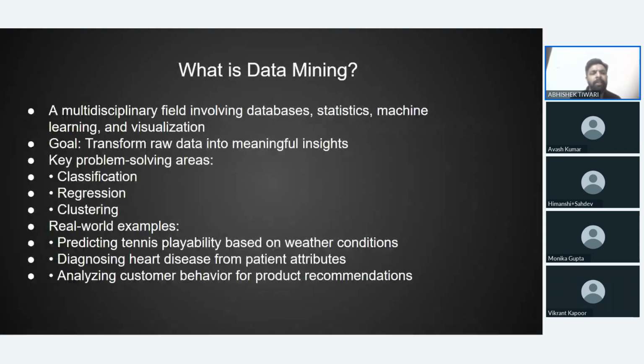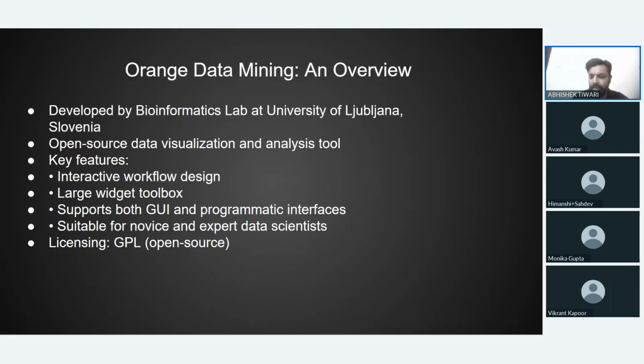The key problem areas where data mining is used are the models we generally use in AI, like classification, regression, clustering, and for some other real-world problem solving also we use data mining. It's a very important field in the AI sector, right?